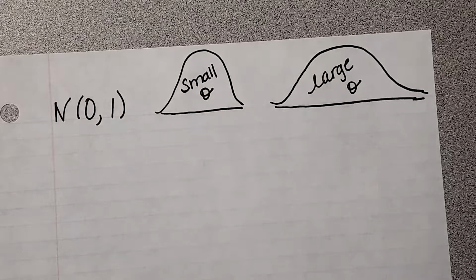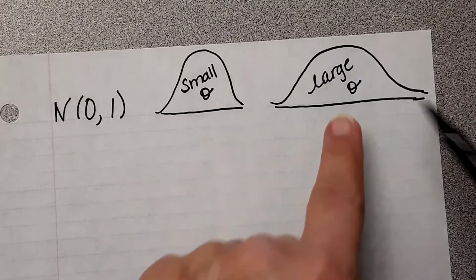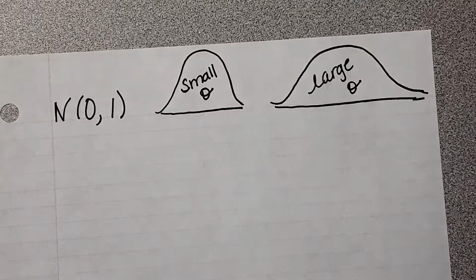So you guys, a large standard deviation, of course, is that one that we did at 195. That is a large standard deviation. It's going to look like this. Your normal curve would almost look flat, right? It looked like a little mound. A small one is a fairly small standard deviation.